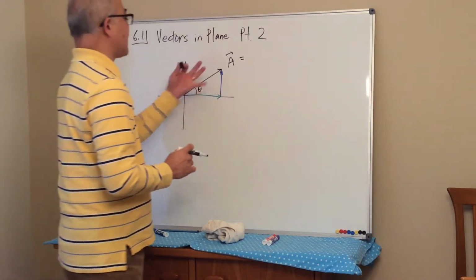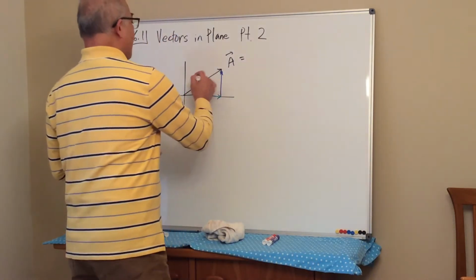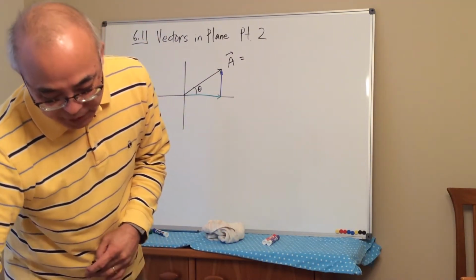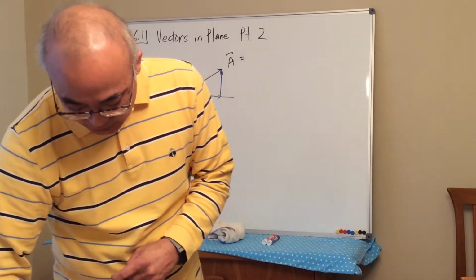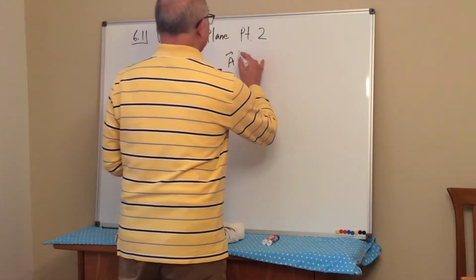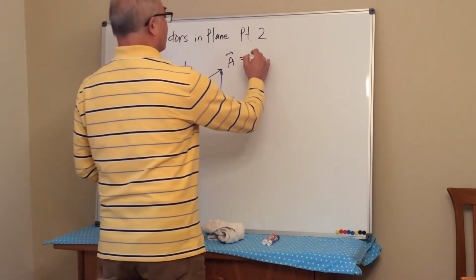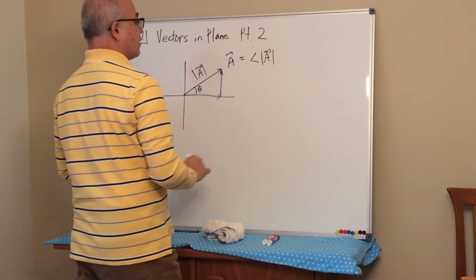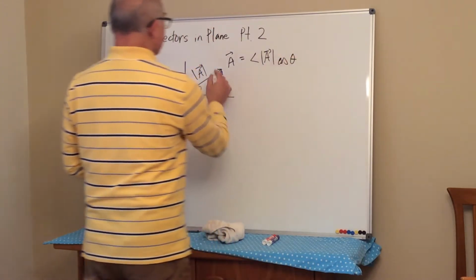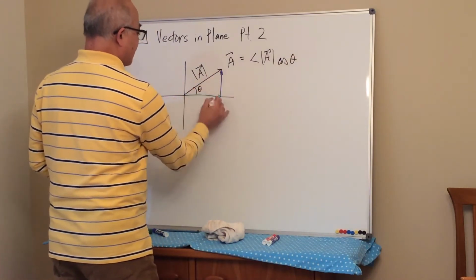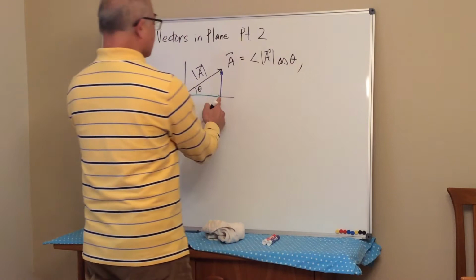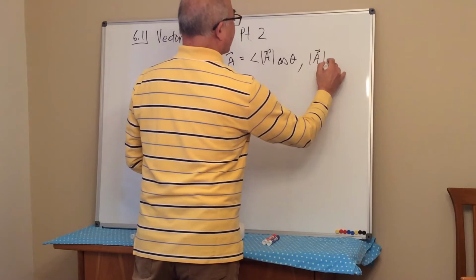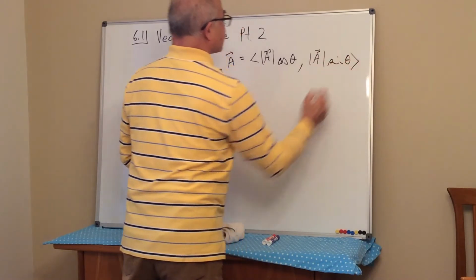In other words, the book says on page 460, the bottom part, resolving the vector into its components. It resolves a vector A into the magnitude, which is the hypotenuse here, times cosine theta, because the magnitude times cosine theta, right here, the green part, is the x component, and the y component will be the magnitude of the hypotenuse times sine theta.